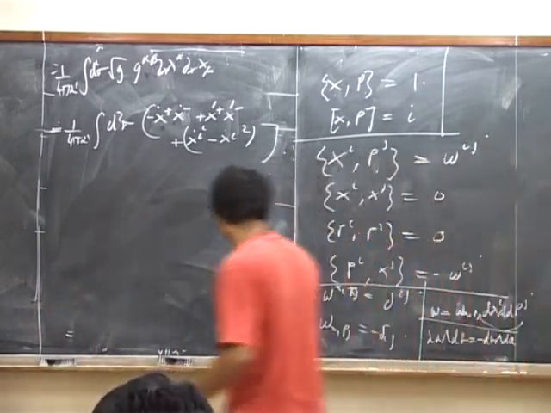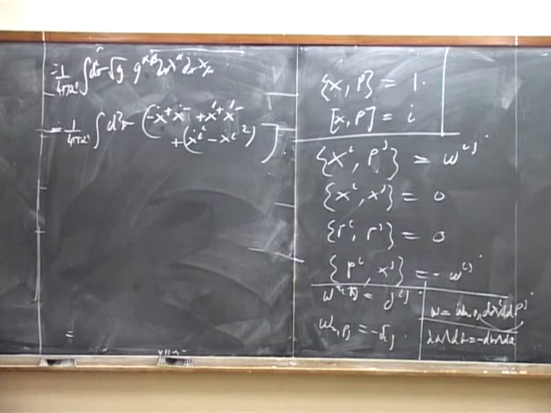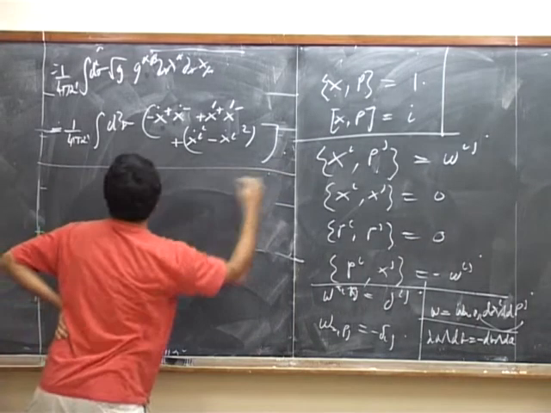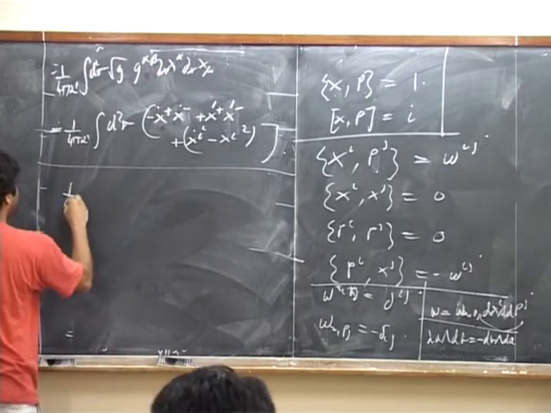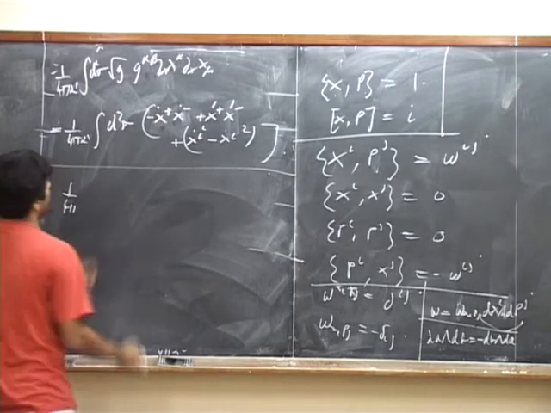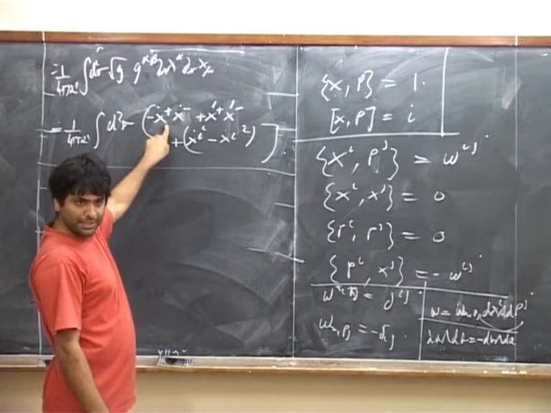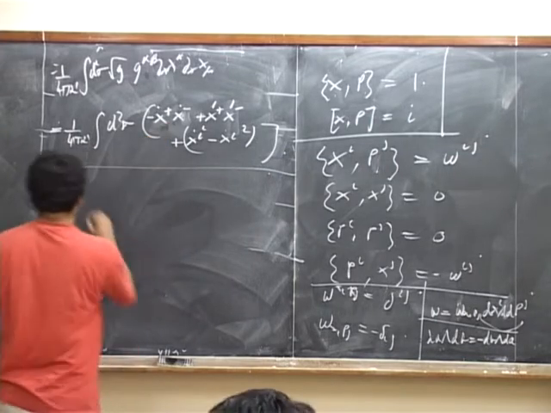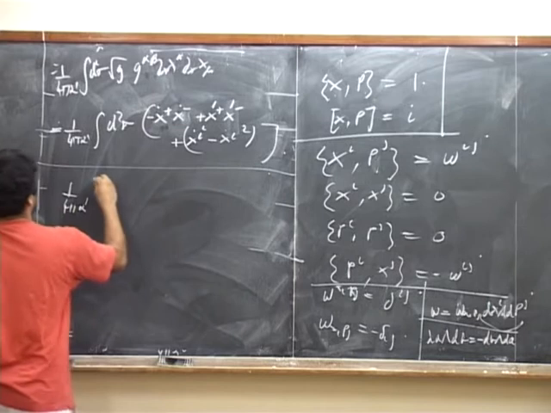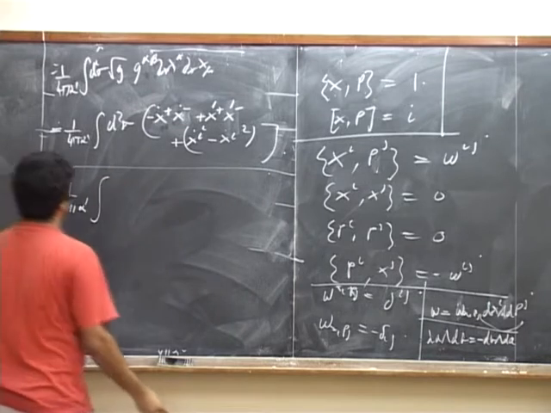So what's the symplectic form that follows from this action? Okay, it is 1 by 4 pi alpha prime, then integral.